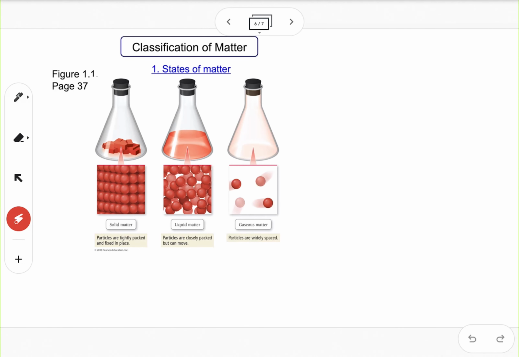For the states of matter, there are three basic states: solid, liquid, and gas. In the solid state, these atoms or molecules, we're talking about matter in general, these units are highly organized in a certain pattern.